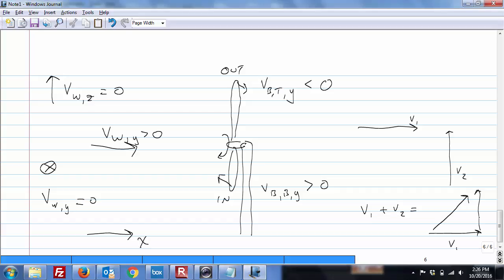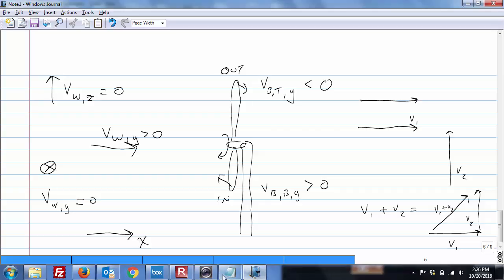So there's V1, there's V2, and this is V1 plus V2. So it's a Pythagorean problem. Yeah, exactly. So if you had another car that was going exactly the same velocity in the same direction, their relative velocities are 0 because they're going side by side.